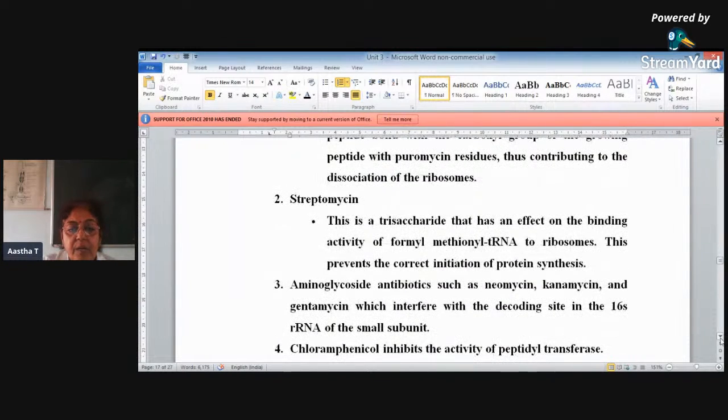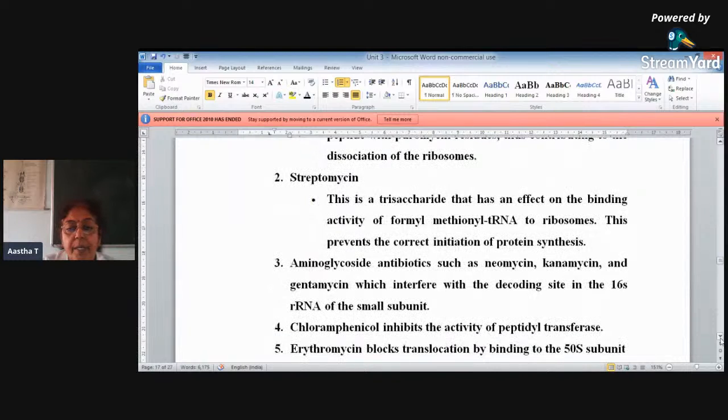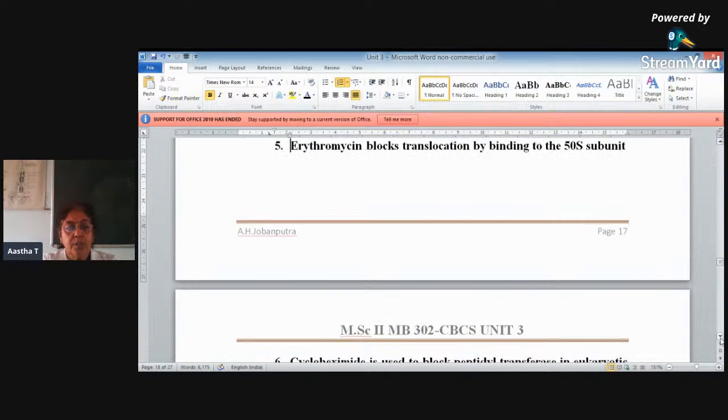Then there are aminoglycoside antibiotics like neomycin, kanamycin, gentamicin, and they interfere with the decoding site in the 16S rRNA of the smaller subunit of the ribosome. A very important part, 16S rRNA, is a unique sequence involved in identification, in taxonomy, in classification, and these aminoglycoside antibiotics can act on it.